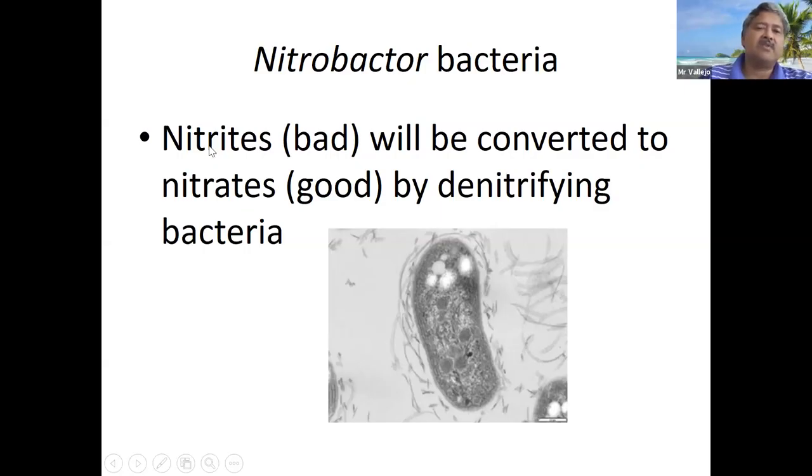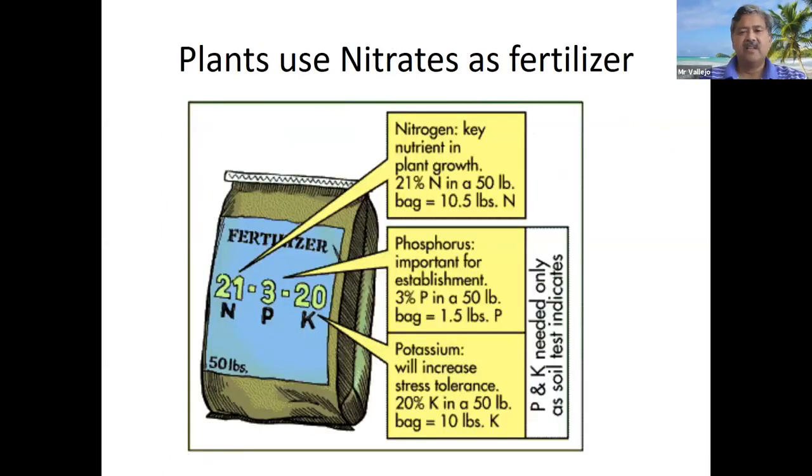So the nitrites are turning into the nitrates by the nitrobacter, which are a type of denitrifying bacteria. Here's a graphic that shows you some of the numbers on fertilizer bags. You'll see something like that, but you see that first number talking about the nitrogen in the mixture in the fertilizer, and so some types of plants will need more nitrogen than others.